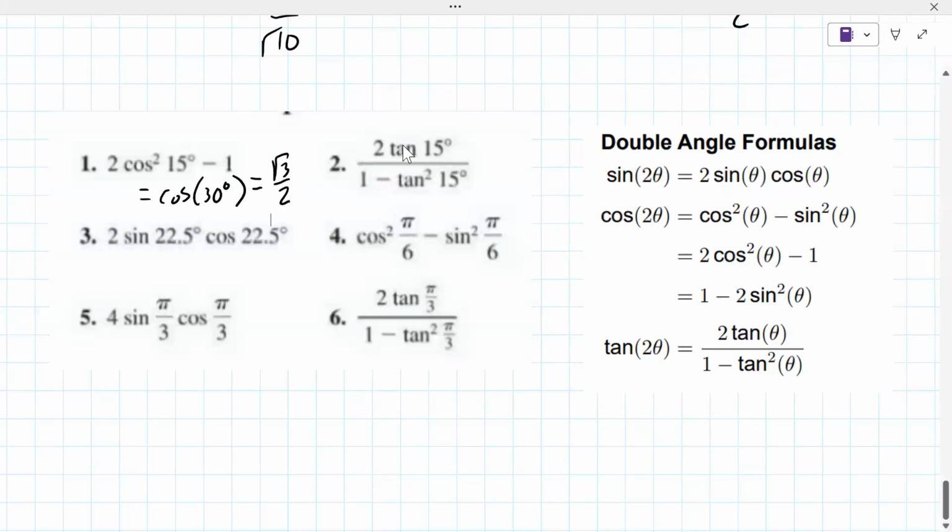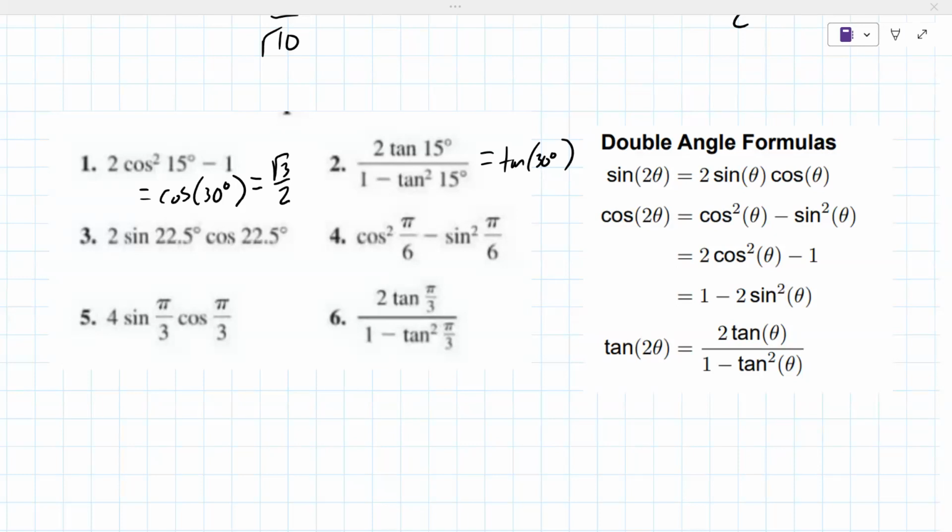Number two looks like this one down here, and it becomes the tangent of 30 degrees. It's double the given angle. Stuff like that. So these should be really familiar to you now.